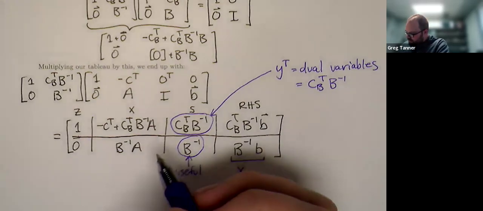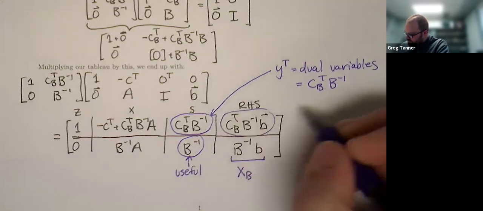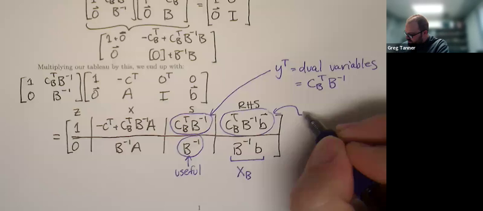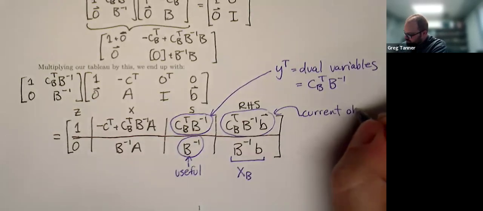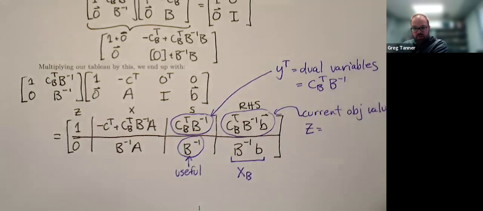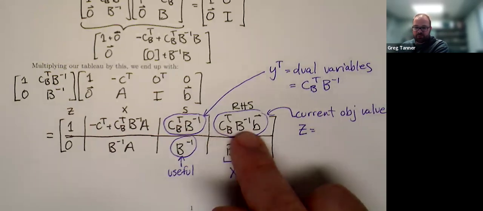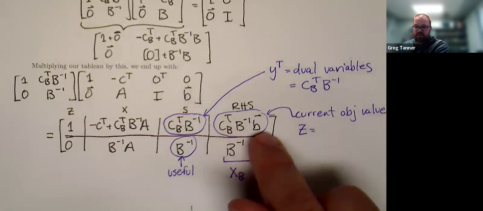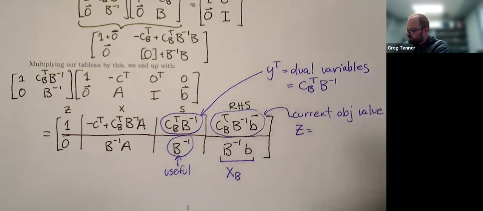Okay, let's look at this value here. This is the current objective value. If we take the costs, or the objective values, corresponding to the basic variables, multiply by B inverse and then by B, our right-hand side, we get our current objective value.